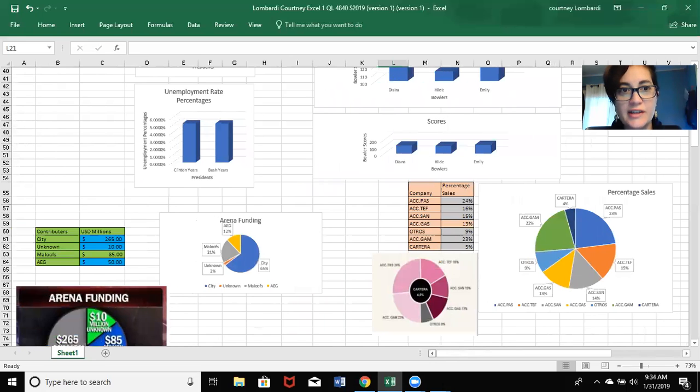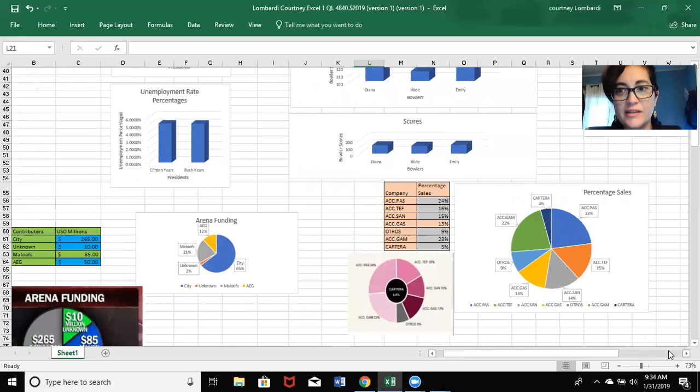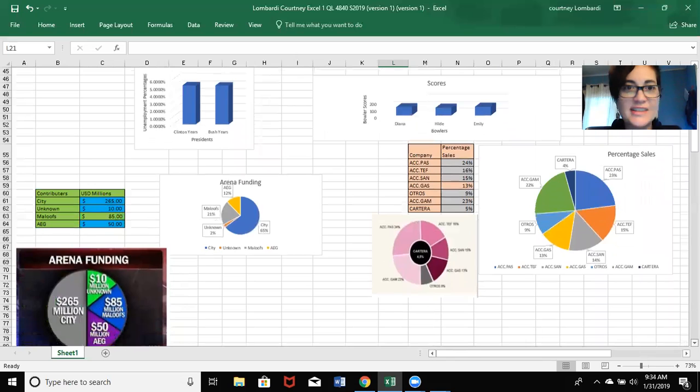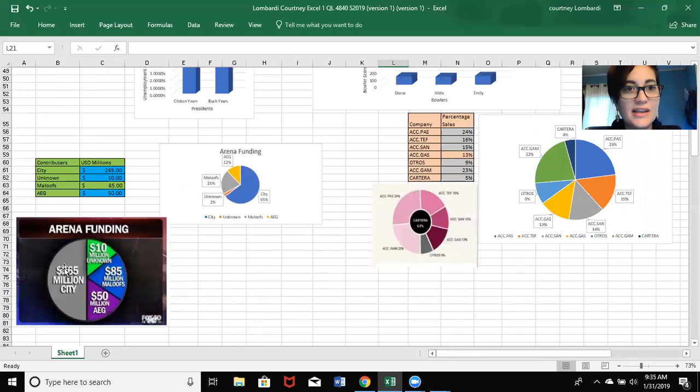This arena funding graph is also the same kind of thing. It's deceiving. The city has given a very large portion, $265 million, to this arena funding, and they're split half and half with these other 3 contributors.